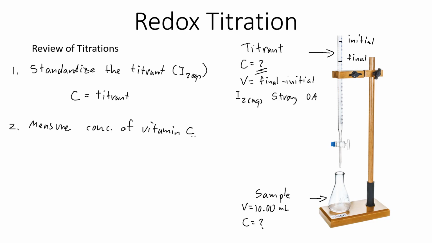The first is measuring the concentration of the titrant, and then measuring the actual vitamin C in our orange juice. Now, I've got to be careful with the word juice. We take whatever we can buy cheaply at the store.